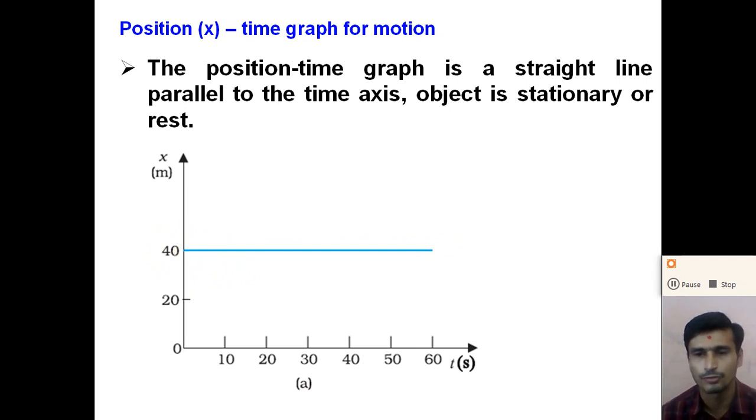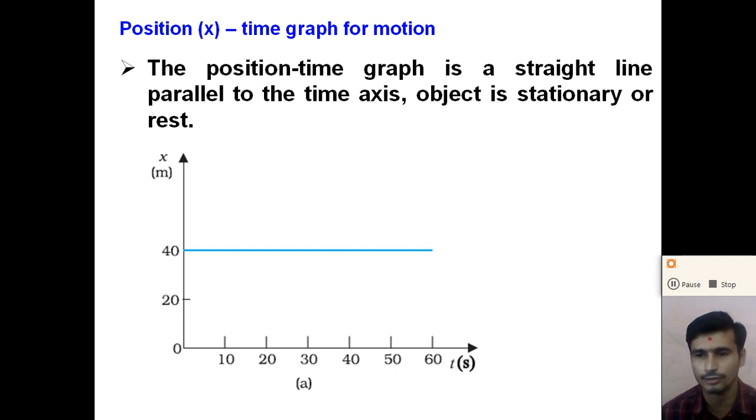As the time increases, the position of the object does not change. So when the position time graph is a straight line parallel to the time axis, the object is at rest.